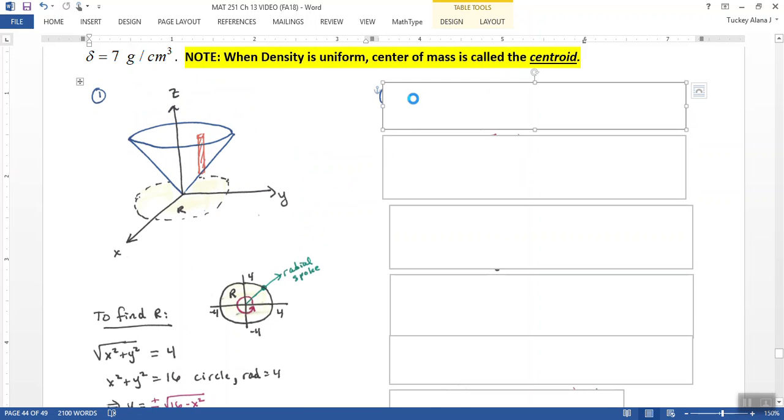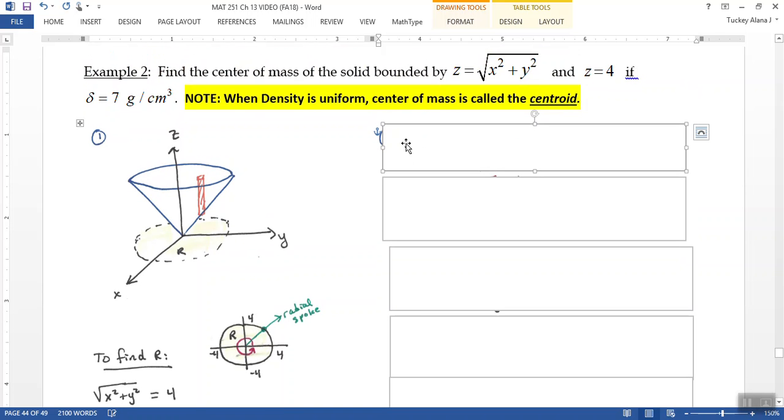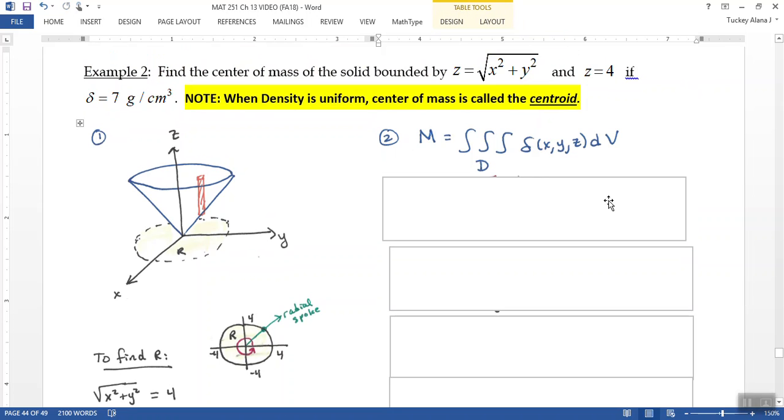So when I want to find the center of mass, or the centroid, I'm going to need the mass m first. So I'm going to need the triple integral of the density function over that volume dV. Okay, well, let's see here.